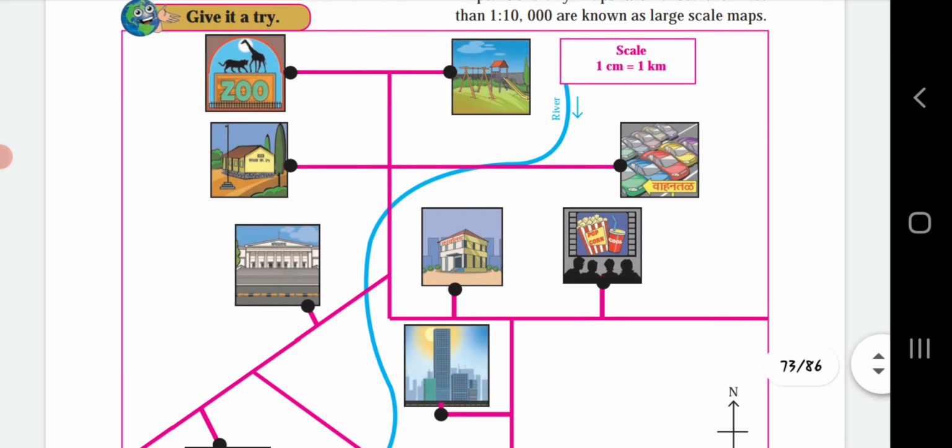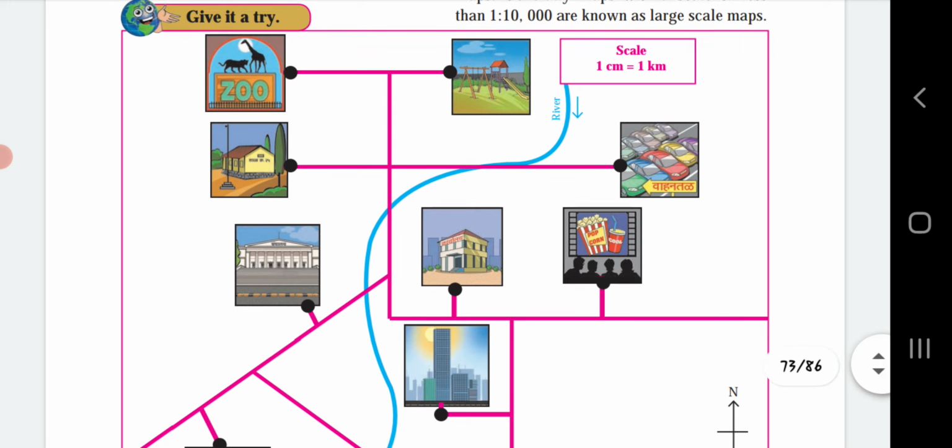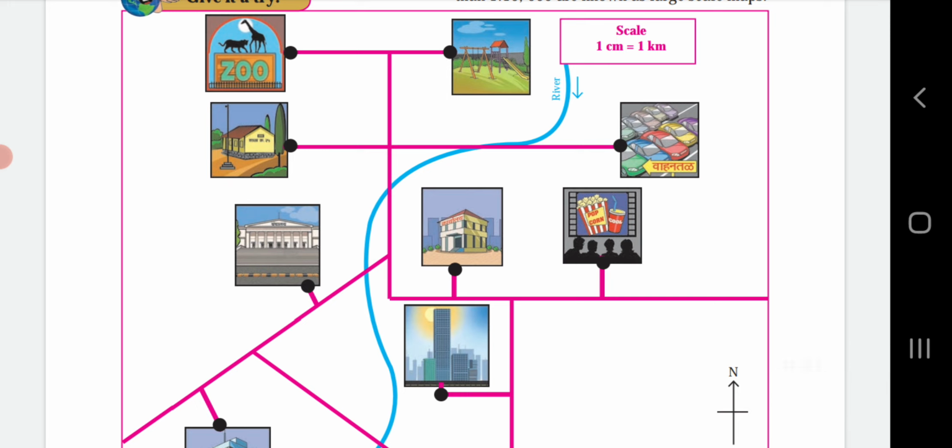From shopping mall to park, the distance is 1.3 plus 6.5 plus 3.2 plus 6.7 plus 1.6, that is 19.3 kilometer. Lake, 2.7 plus 1 equals 3.7 kilometer. First, you have to measure the distance along all the pink lines, then only you will get the answers I am telling you.